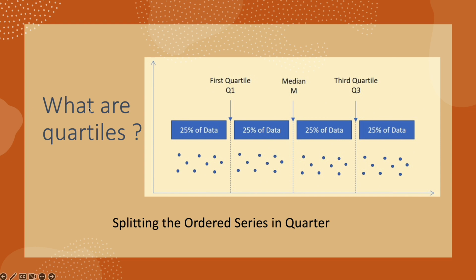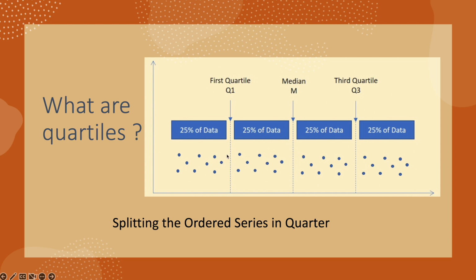As you can see in the picture, we bucket the data into the first 25% and then the second 25%, and then we reach the halfway mark, which is the median or the 50th percentile. Then again 25% of the data takes us to the 3/4 mark, the third quartile, the 75% mark. And then we have the rest of the 25% of the data.